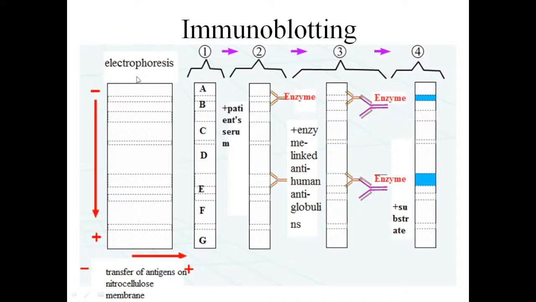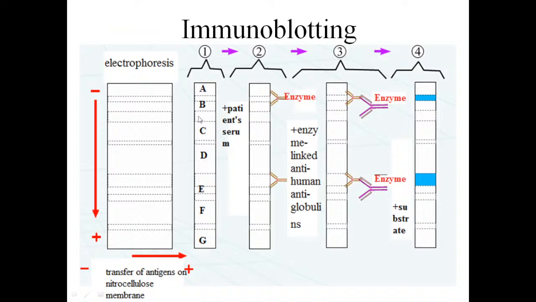Viral antigens are separated into fractions by electrophoresis, and then they are placed on the surface of a nitrocellulose membrane. Look here, this is the nitrocellulose membrane, and there are some strips, and we place a certain antigen in one strip, another antigen in another.